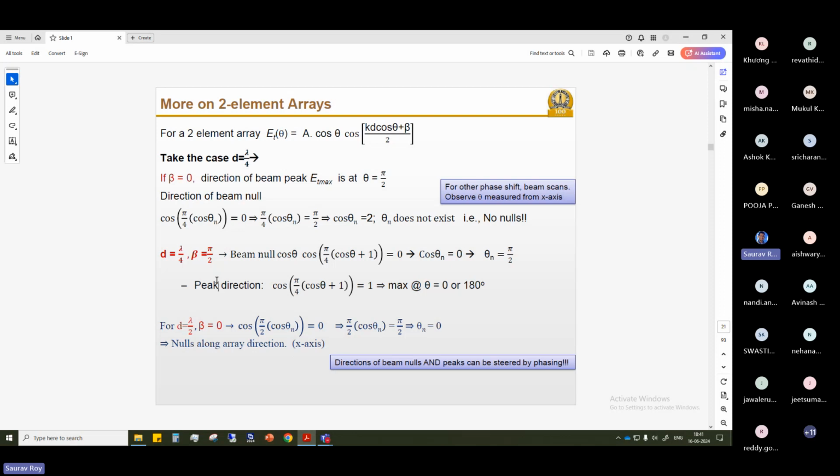We generally want to reduce the mutual interference between these two antennas. If one affects another, obviously the beam will get distorted. So you should generally have a distance of lambda by 2 or more between the two antennas to reduce the mutual interference, or mutual coupling. That is another aspect of antenna array design.